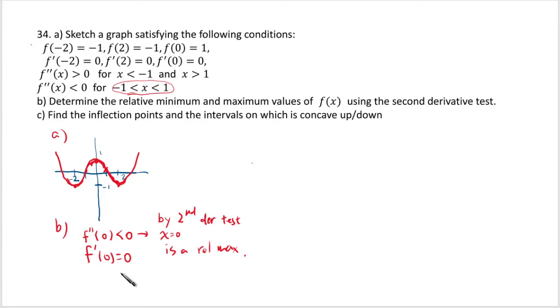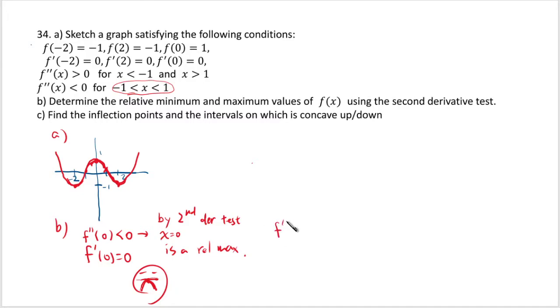Because if it's a frowning face, the point where the slope is 0, that's the top, right? So think about the frowning face right here. It's the maximum, okay? And then let's move on.